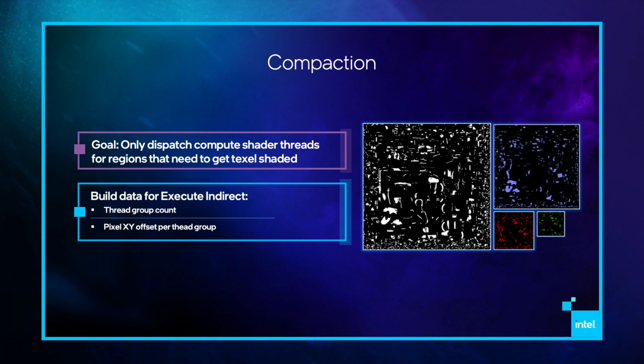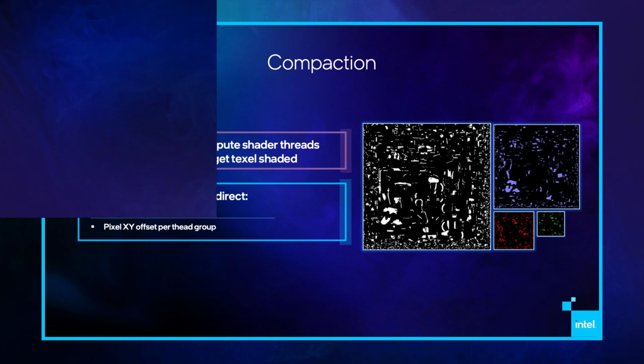Essentially, we are cutting out redundant compute shader threads within the texture space shading pass. This pass builds a list of thread groups that need to be shaded using texture space shading, and it gives us a thread group count for all MIP regions that need to be shaded for the texture space shading pass. And part of the output of this pass is that we have an XY offset per thread group.